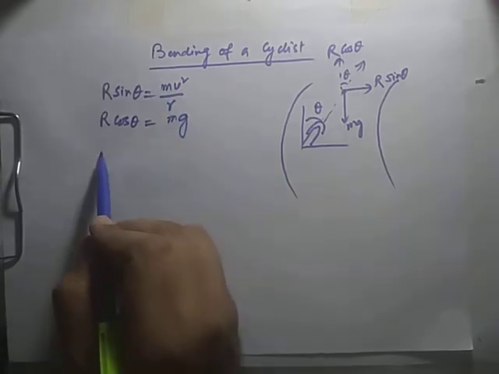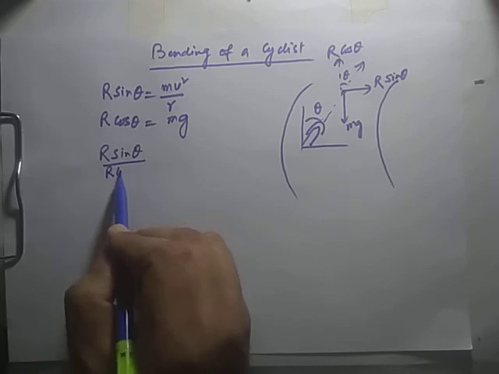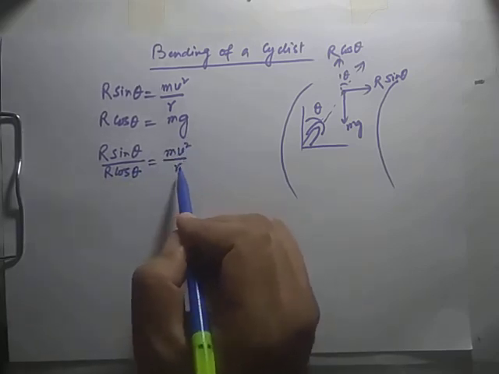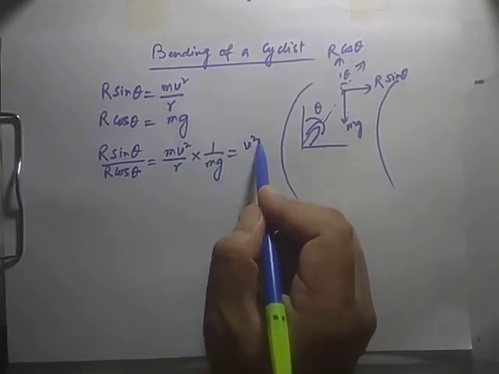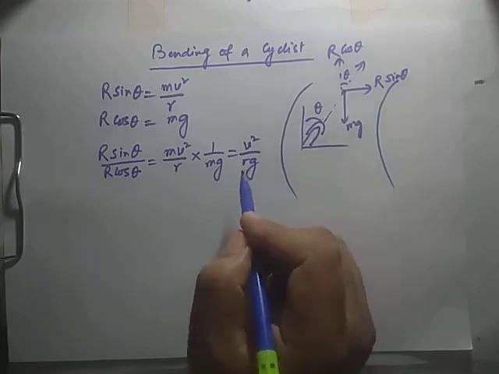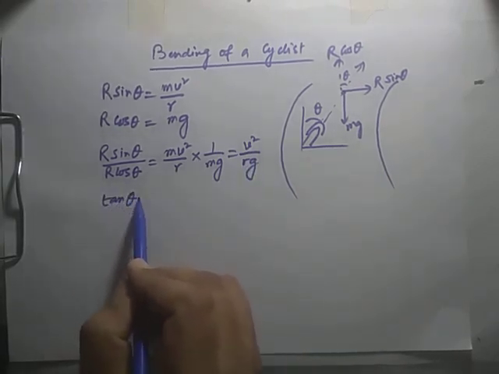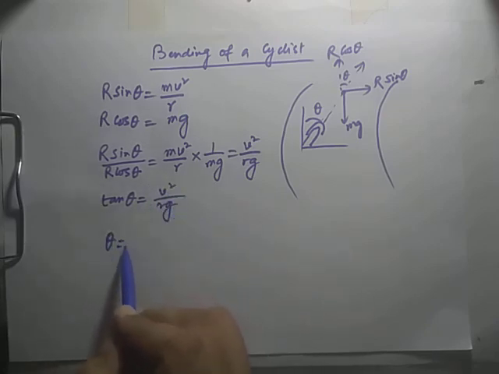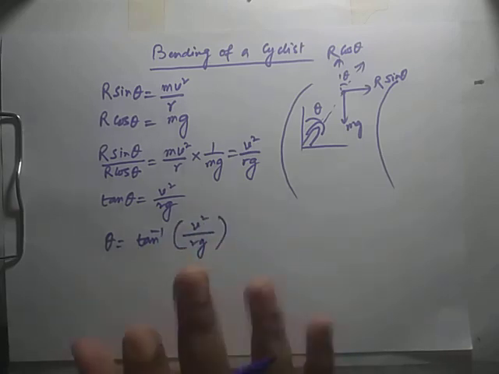We divide R sin theta by R cos theta, which is mv square by r into 1 by mg. So we'll get v square by r into g. So tan theta is equal to v square by r g. So theta is equal to tan inverse of v square by r g.